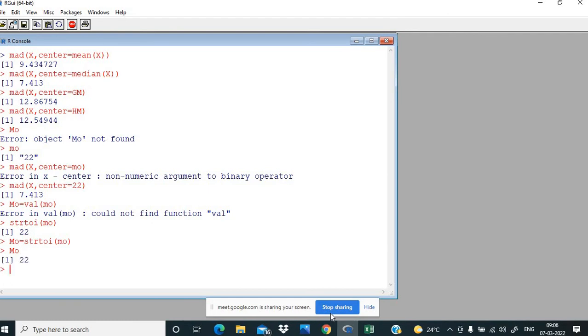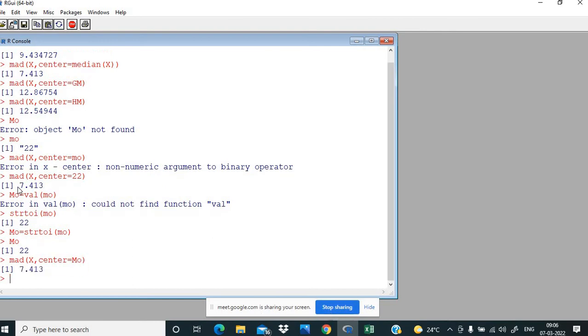Now I can calculate the mean deviation around mode using this command here. Let me write capital M and small 0, and press enter, and you see I got the mode, here I got 22, here I got the converted value, but the modes are the same. So today I learned a new command strtoi for converting a string to a numeric value. String to numeric value.